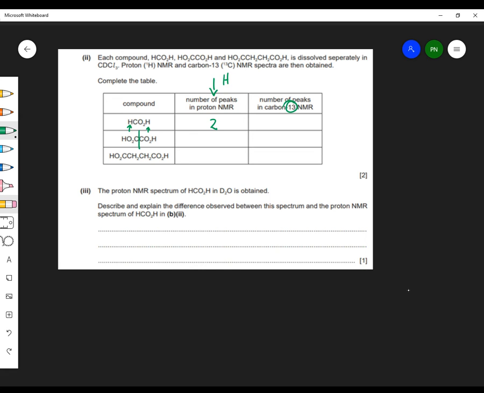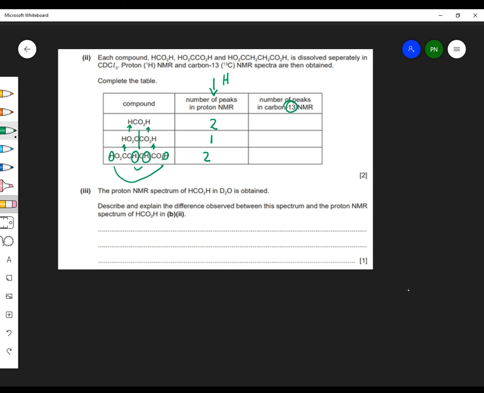This is a symmetrical molecule, so this hydrogen is the same as this hydrogen, so you're going to get 1 peak, and this hydrogen and this hydrogen are the same, and this hydrogen and this hydrogen are the same, but they're not the same as each other. So you get 2 peaks.